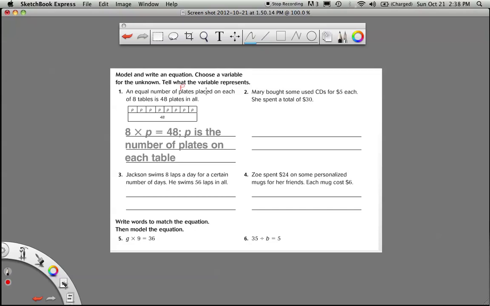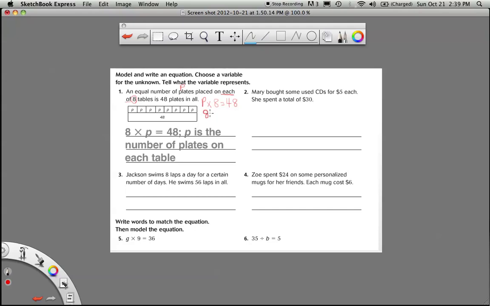"An equal number of plates placed on each of" is a math phrase that tells me times. Each of 8 tables is 48 plates in all. So this would translate into P times 8 equals 48. And we know in math we can switch it around backwards, and when you're dealing with variables, you want to put the number first.